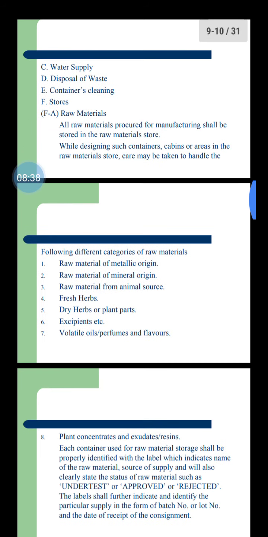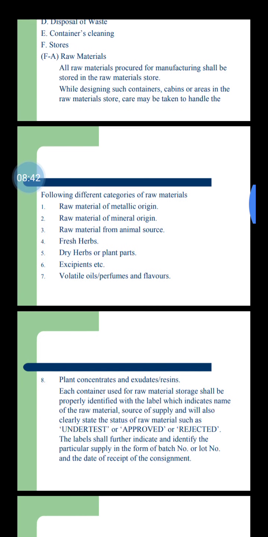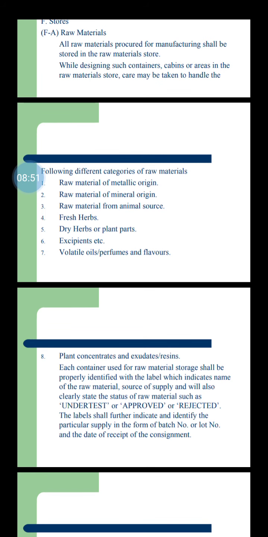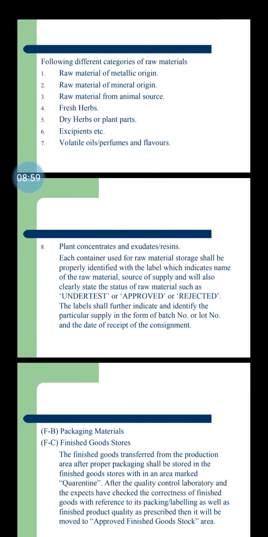Raw material has various different categories. In that you saw raw material of metallic origin, raw material of mineral origin, raw material from animal sources, fresh herbs, dry herbs or plants, excipients, volatile oils, perfume and flavor, then plant concentrates and exudate resin.